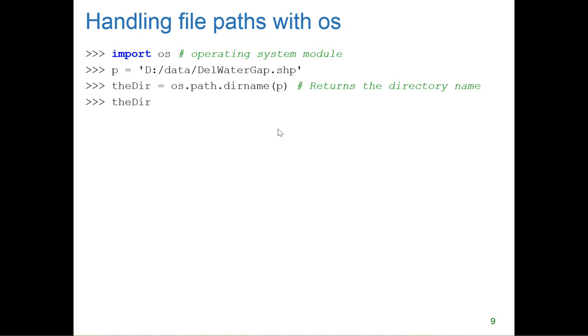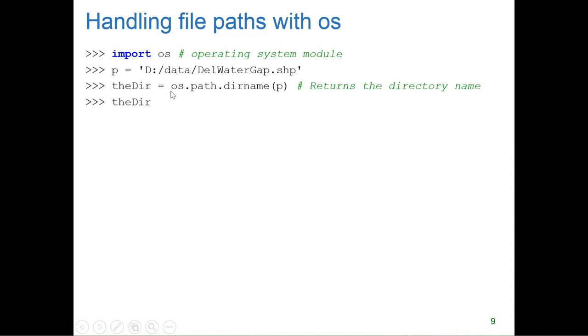So if you've been given the full file path, you want to maybe peel the directory off of that one so that you can get the path for other data that's in the same directory. OS is one of those built-in modules, just like sys is a built-in module. OS has a submodule called path, so notice we're using the dot notation here.